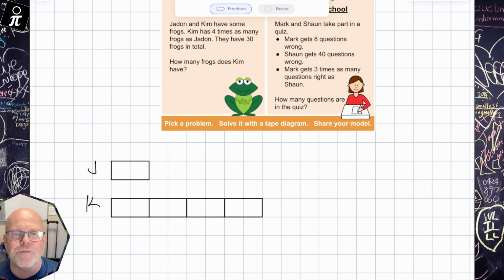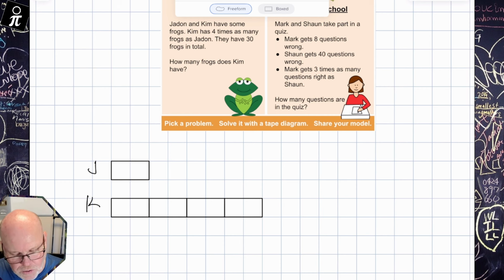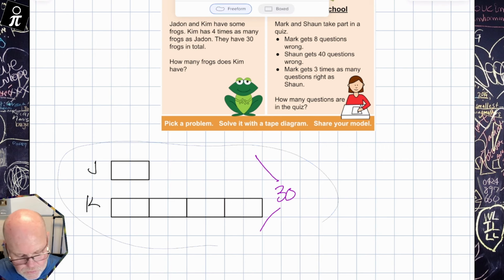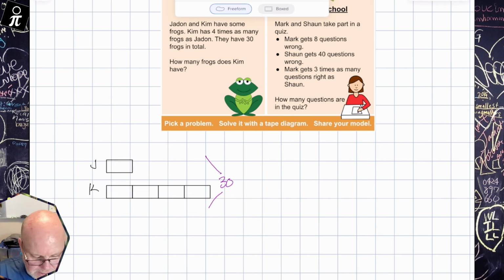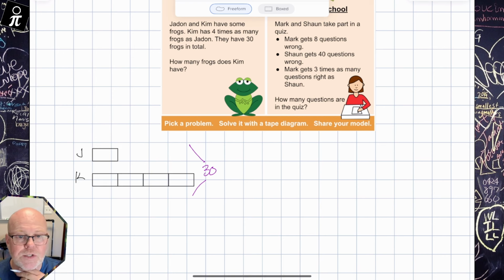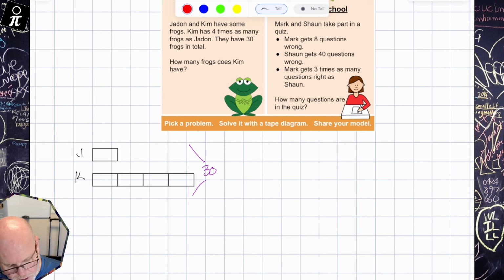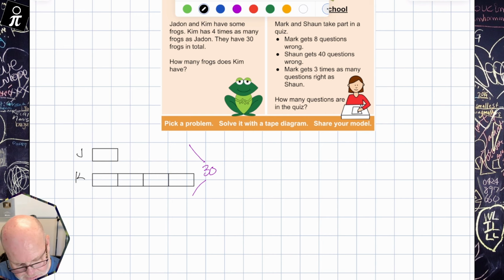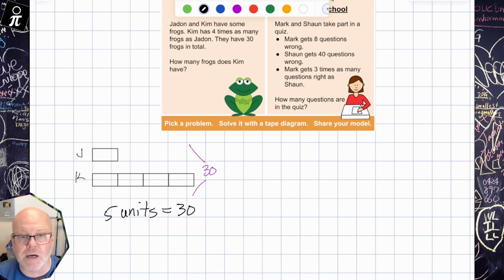It says they have 30 frogs all together. So that means all of these put together are equal to the 30 frogs that we're talking about. And so we could see, let's see, we have 1, 2, 3, 4, 5 units is equal to 30 frogs.